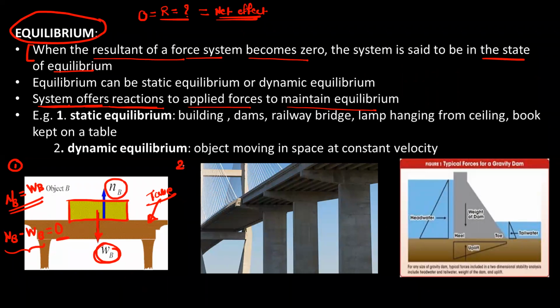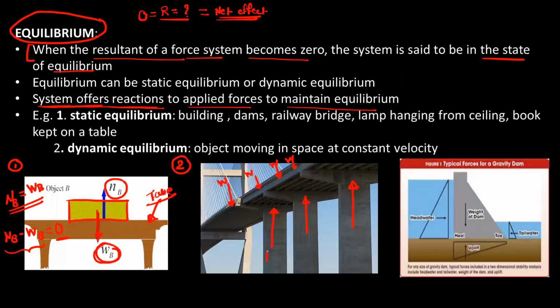So in the second example, you can see the applications of equilibrium. So this bridge, or the weight of the road, is supported with the help of columns. These columns will offer the reaction to the applied forces. These are the forces due to the weight of the cement concrete or the weight of the vehicles. So these weights must be balanced by the reactions, so that the resultant will be 0 for the system.